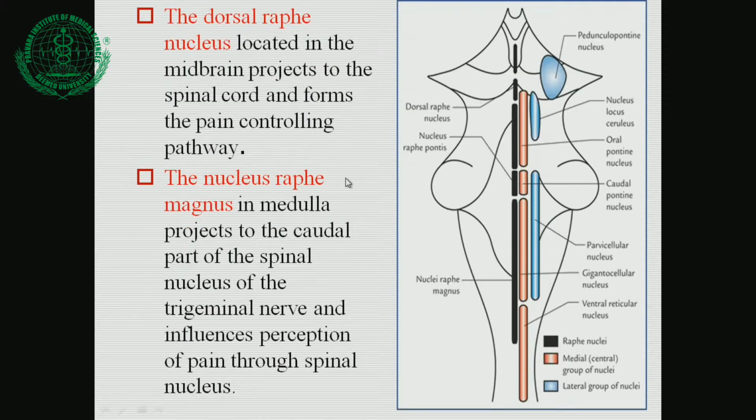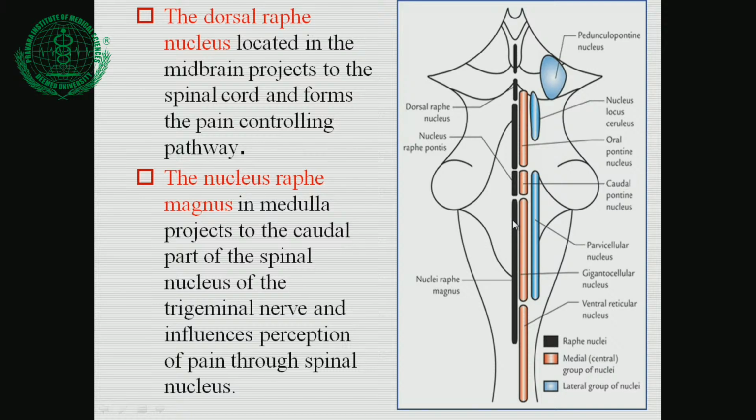Nuclei in the medial column. Number 1, the dorsal raphe nucleus. This one is the dorsal raphe nucleus present in the midbrain, projecting to the spinal cord and forming a pain controlling pathway.